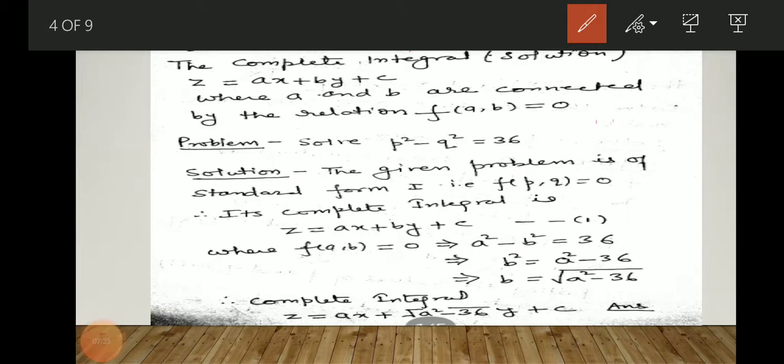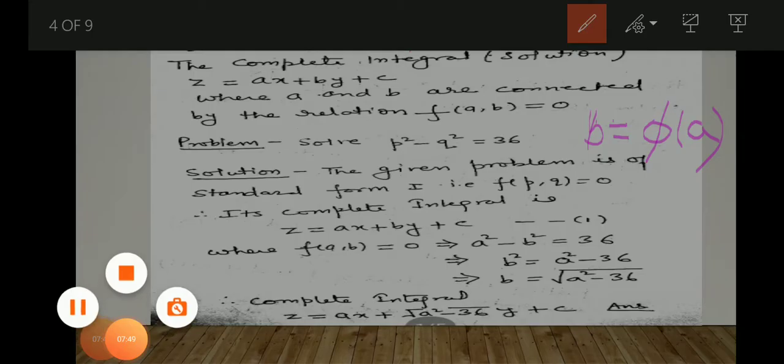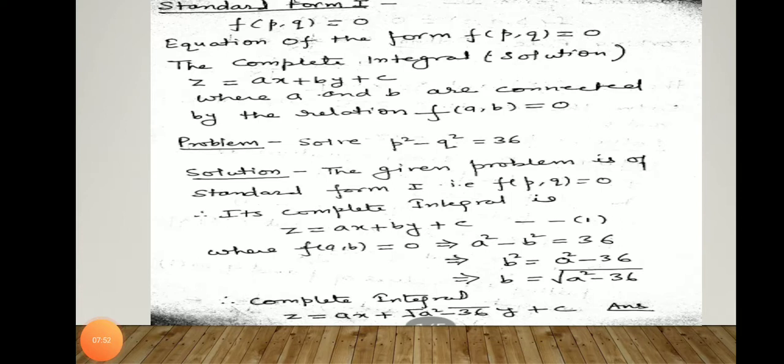So whenever we put b is equal to phi of a, the complete integral becomes z is equal to ax plus phi of a times y plus c.